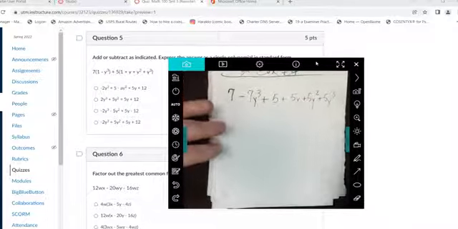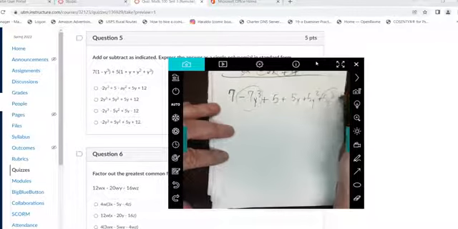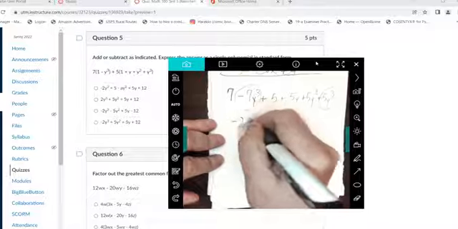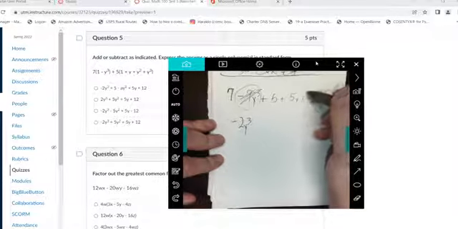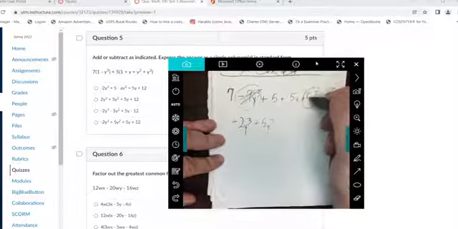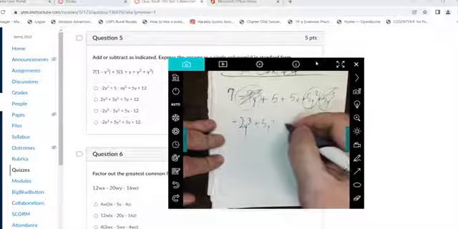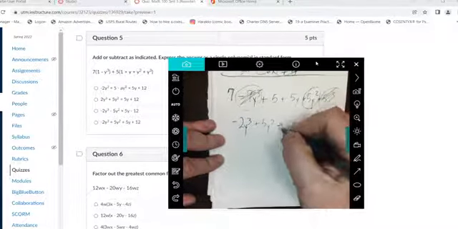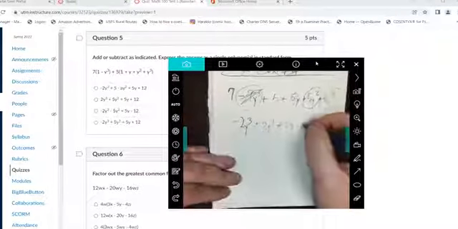Okay, and then combine. So we're going to start with the largest power of y. Negative 7 plus 5 is negative 2, so I'm going to have negative 2y cubed. Then I'm going to get my y squared terms. There appears to be only one of them. And plus 5y. And then 7 plus 5 is 12.